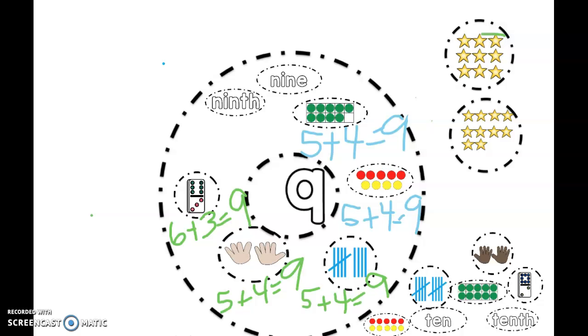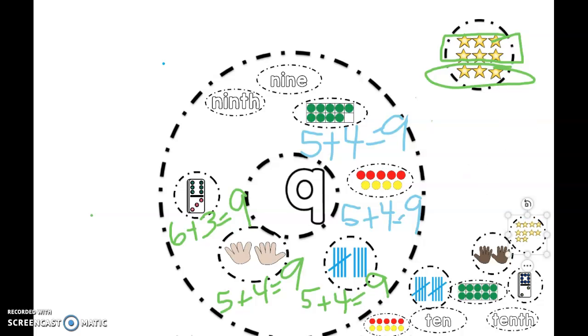So I see a group of 6 and then a group of 3. And here the first thing I saw was a group of 8 and a group of 2. So if I have 8, 9, 10, do we want that one on the bottom? No, that's too many. So that means our 9 is probably on the top.